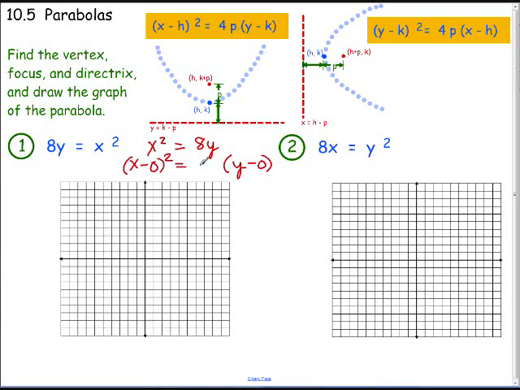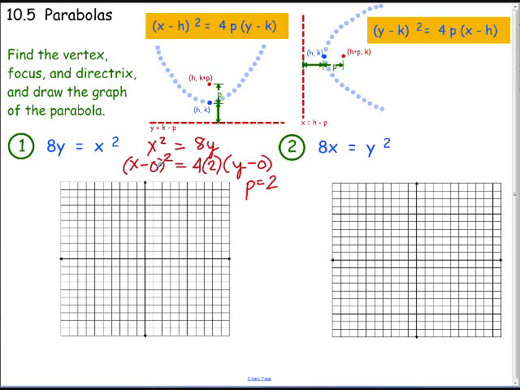So I have to factor 4 out of this. 4 times 2. So in this case, what is my p? That's right. So this tells me that the distance from my vertex to my focal point is 2.